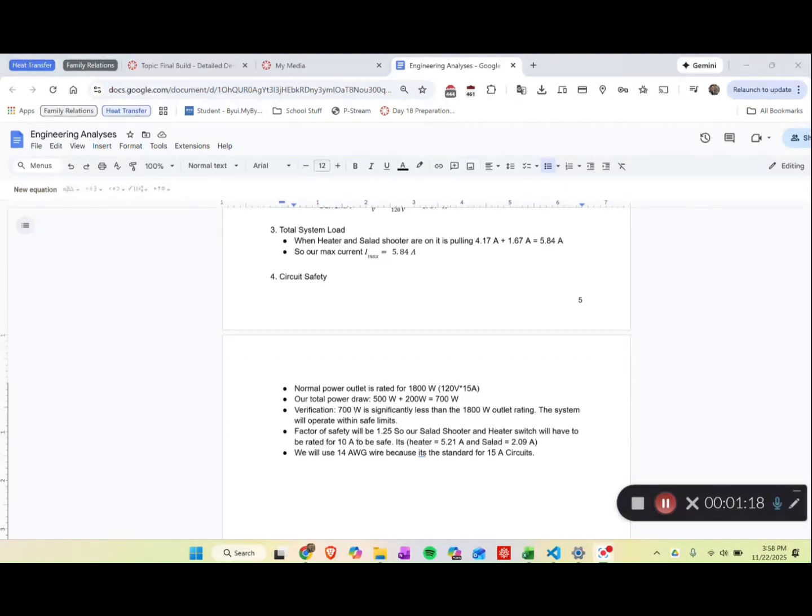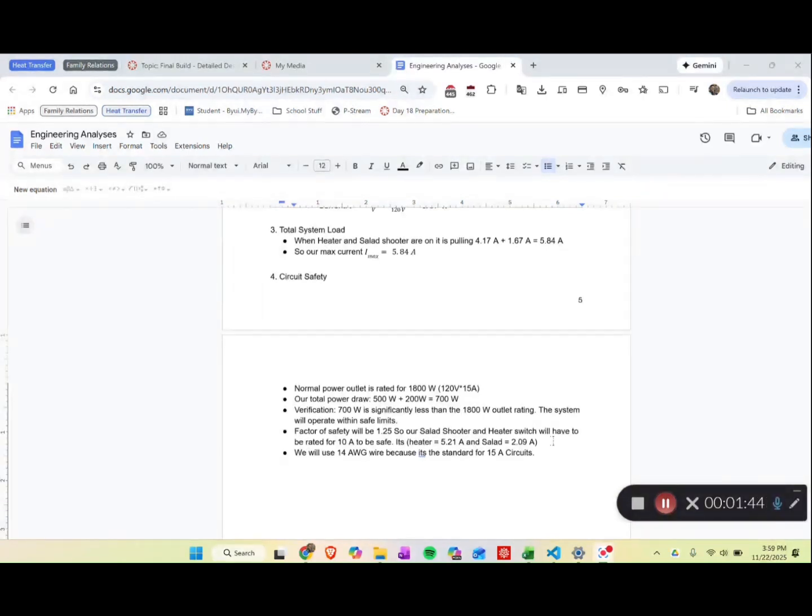I decided to use a factor of safety of 1.25. So our new current for the heater is 5.21 amps, and the salad shooter is 2.09 amps. To be on the safe side, we're going to be using switches that are rated for 10 amps.